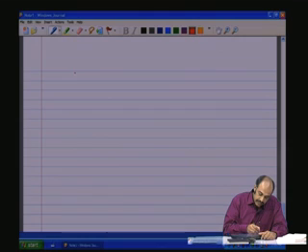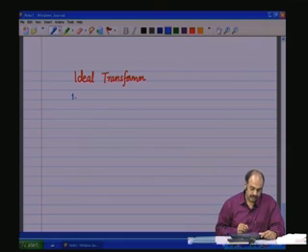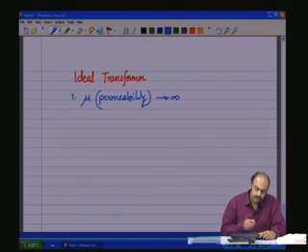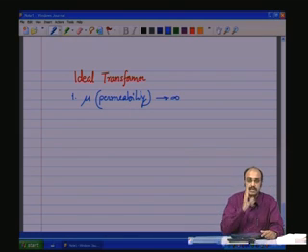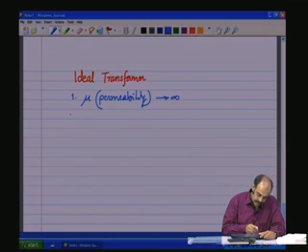So, for an ideal transformer, the following features exist for them. One is the permeability mu tends to infinity, which makes the BH curve's slope at 90 degrees, that is along the vertical axis.